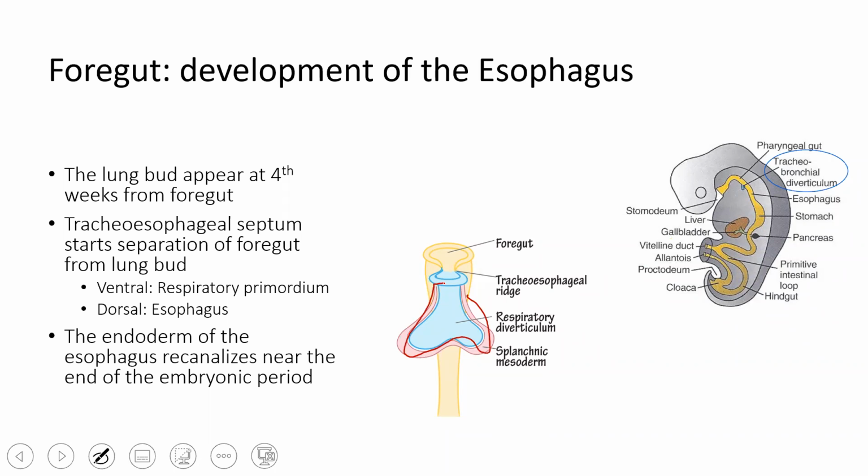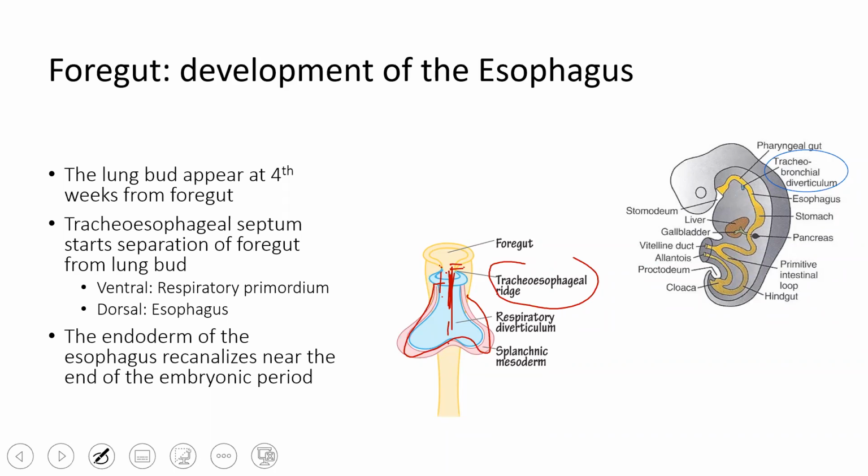There is a tracheoesophageal bridge that separates the lung from the foregut. That's called the tracheoesophageal septum. When the septum is formed, it divides the respiratory component, the lung, ventral to the esophagus, or the foregut, or part of the esophagus in the posterior.